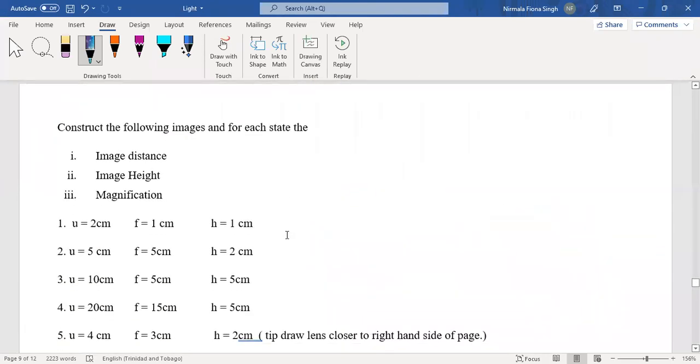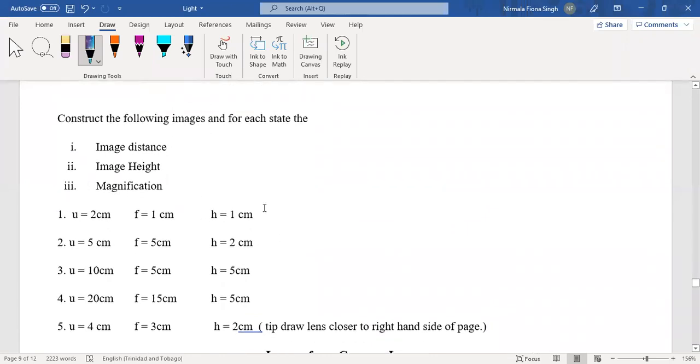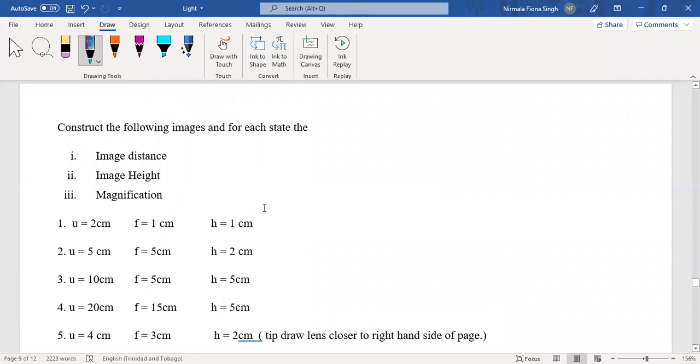Okay, so here we have some examples. All right, so you all are going to have to do this for homework, every single one of you, because depending on the class, this is where we have all reached. Okay, so we have here, construct the following images, and for each, I want you to state the image distance, the image height, and the magnification. So what you're going to do, that's just really quick and simple.